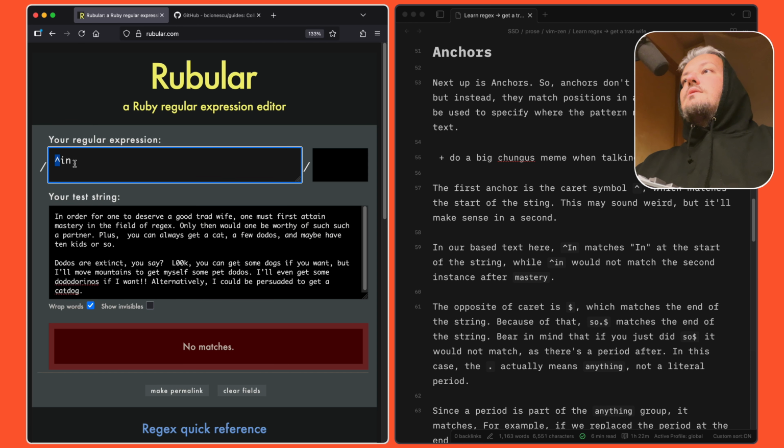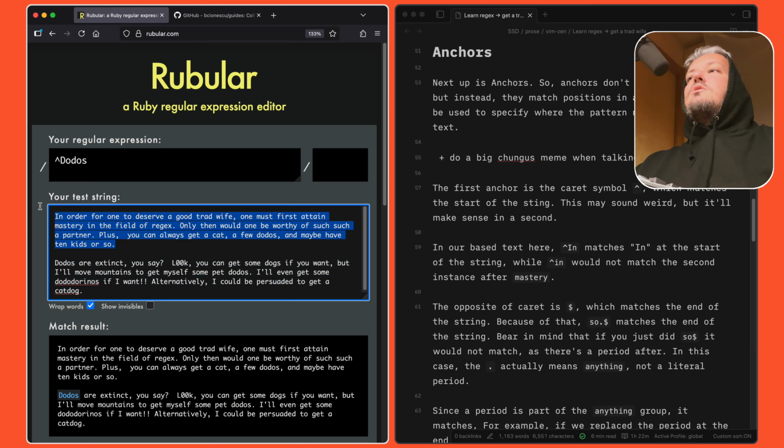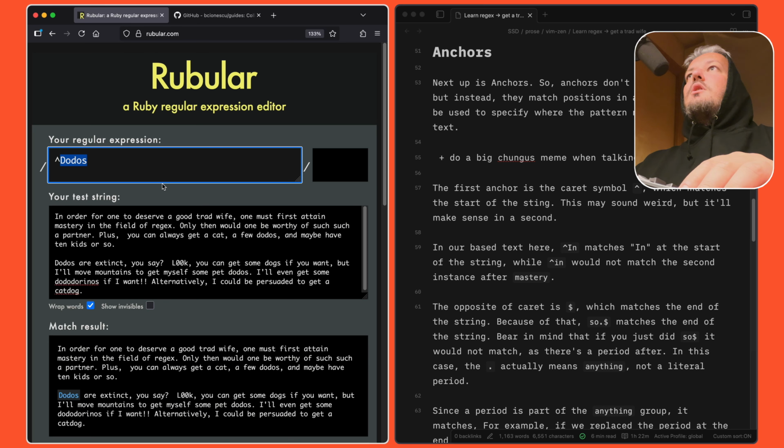And because it isn't, it doesn't actually find it. Now, just to clarify, what we're doing here, these are 2 separate strings, or at least this is how Rubular is interpreting it. And so we can also find dodos if we do that, even though the context may be a bit different depending on how you're using regex and how you're manipulating the strings.